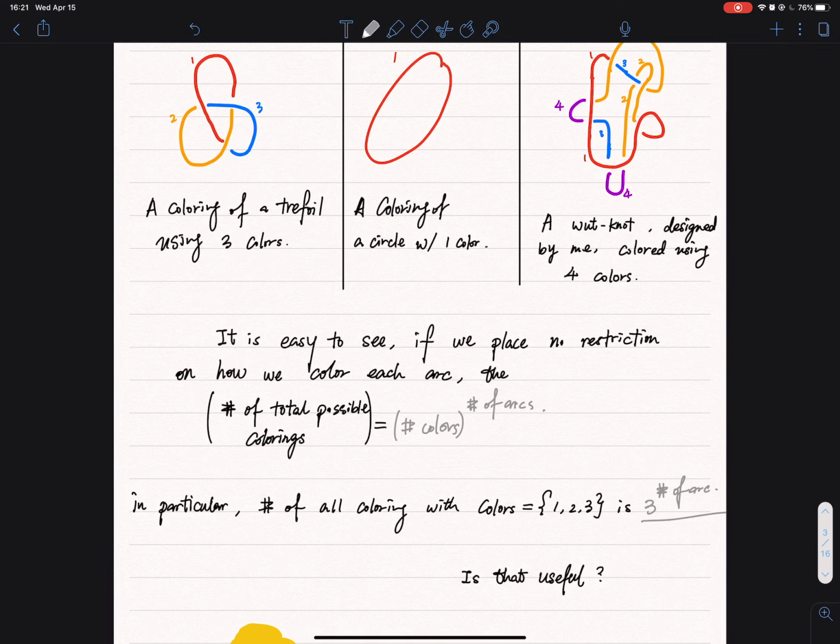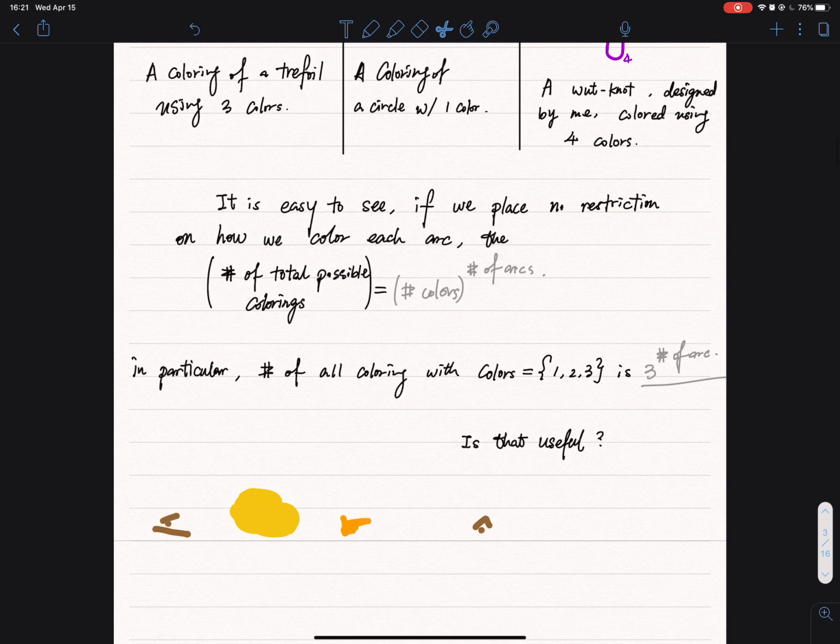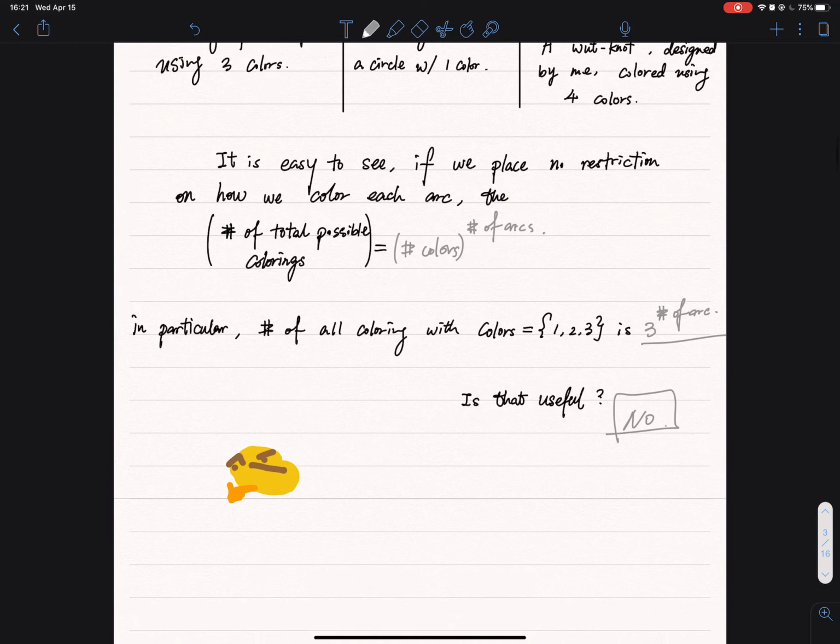Still a very large number, and I will argue that maybe that's not really helpful, because usually when you have a very large number, it's hard to examine the property underneath. So let's place some restriction on that to make sure that this value is not so large.